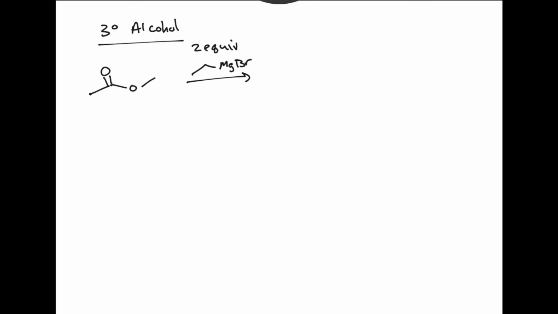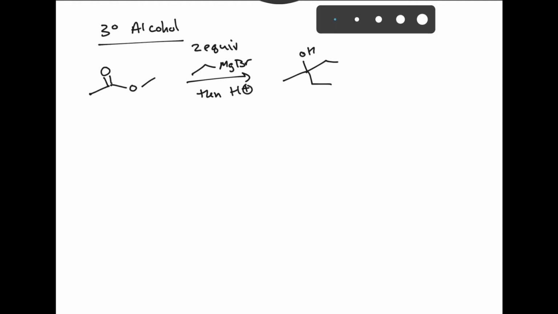Usually it's a Grignard reagent. It can also be an organolithium. And you're going to add that organometallic twice to your carbonyl carbon. So this here, that carbon is that carbon right there.